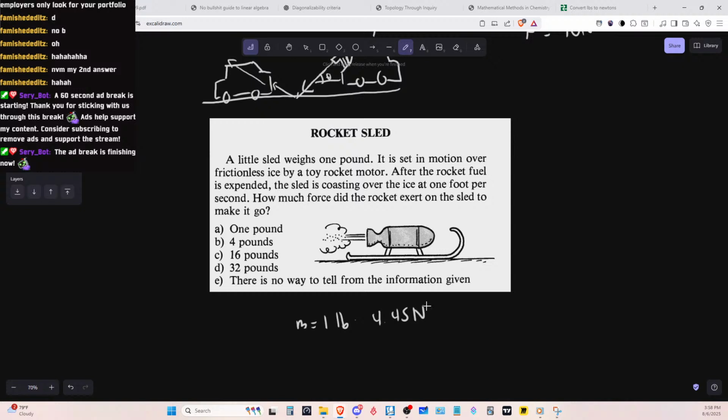We'll just make it that way. Okay, it is set in motion over frictionless ice by a toy rocket motor. So, how much force did the rocket exert on the sled to make it go? Okay, so we have a velocity of 1 foot per second.